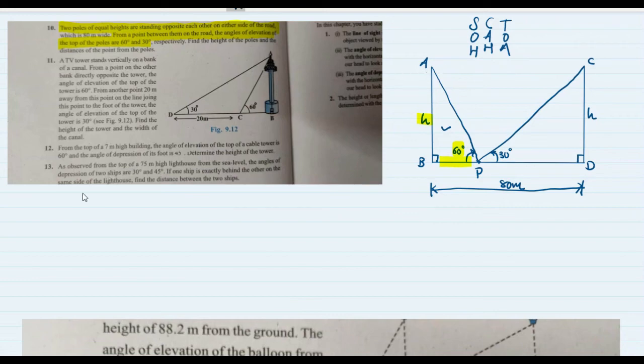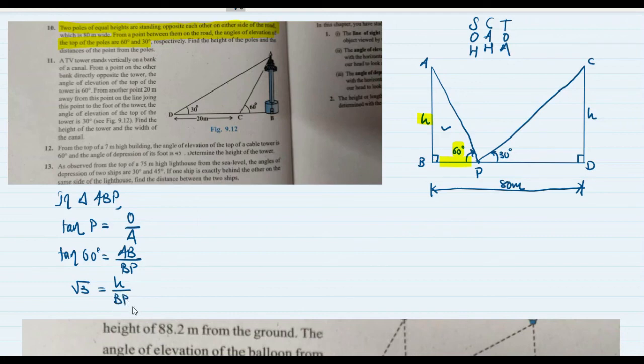See how to write in triangle ABP, tan of angle P. Tan P is opposite upon adjacent. Now angle P is 60 degree, opposite is AB, and adjacent is BP. Tan 60 is root 3, AB is H, and BP we don't know.